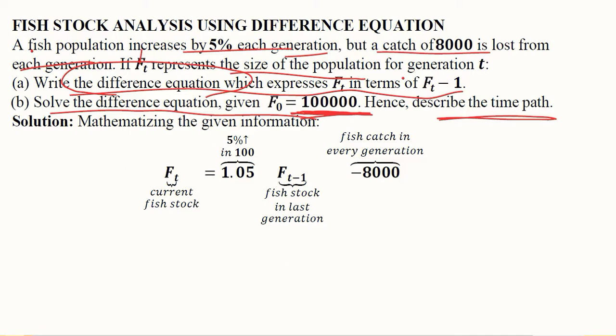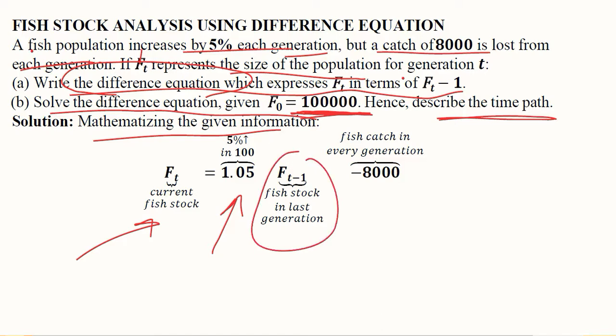So the first thing that we are going to do is to develop the first order difference equation. I have highlighted it in such a way that it becomes clear that the current fish stock is actually 100 plus 5% of the last year's fish stock, or the last generation's fish stock, where 8,000 is deducted from the generation that we are dealing with, because the fishes are caught, that is 8,000 fishes are caught.